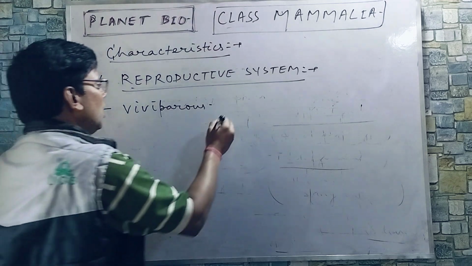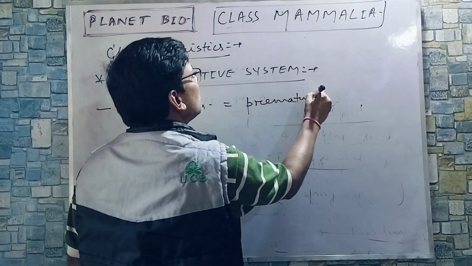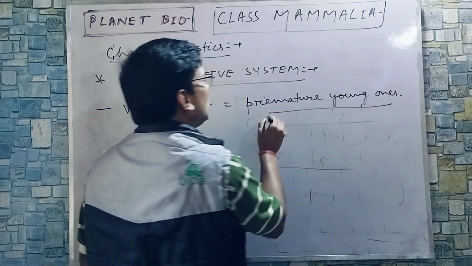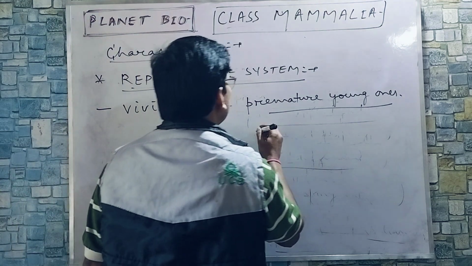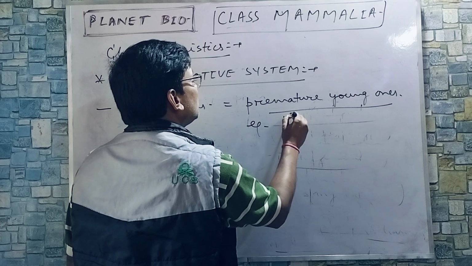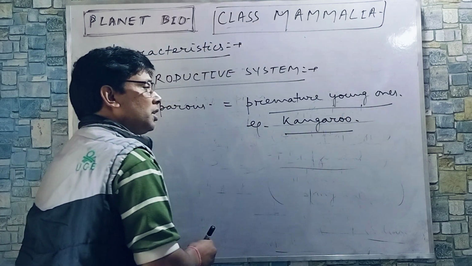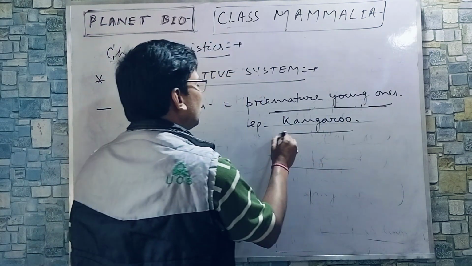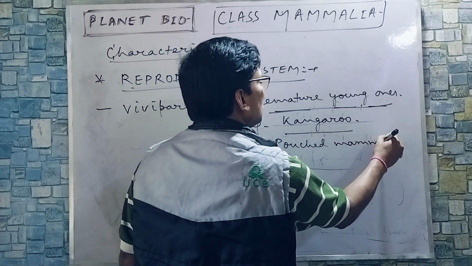But the premature young ones stuck to the abdominal pouch are found in some pouched mammals, and that you can write: kangaroo.